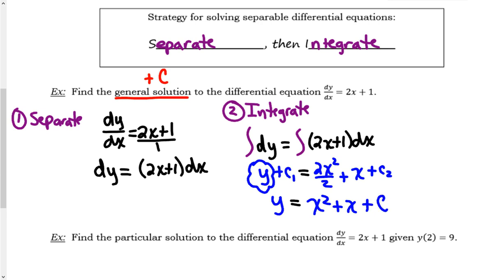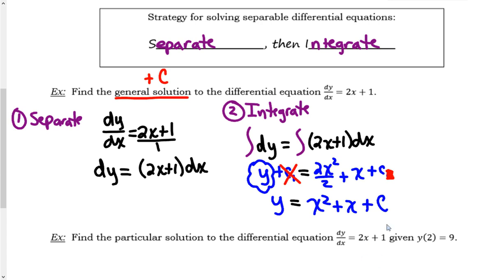Again, I don't care what C1 was. I don't care what C2 was. I only care what that final C is when I get y by itself. So in the future, we are not going to be writing the C1 over here. We're simply going to be writing C on the side that's more complicated. Basically, if I'm solving for y, I want the plus C on the opposite side.